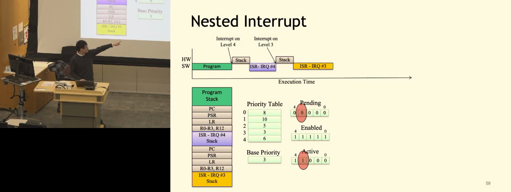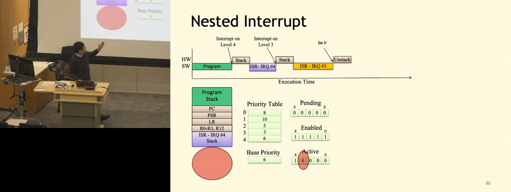Notice that we have 2 active bits on the interrupts, which is okay in this case. And then we set the base priority to 3. Now only interrupts with higher priority than 3 are able to interrupt this one. I feel like I'm using the word interrupt a lot, but I hope everyone still follows me.